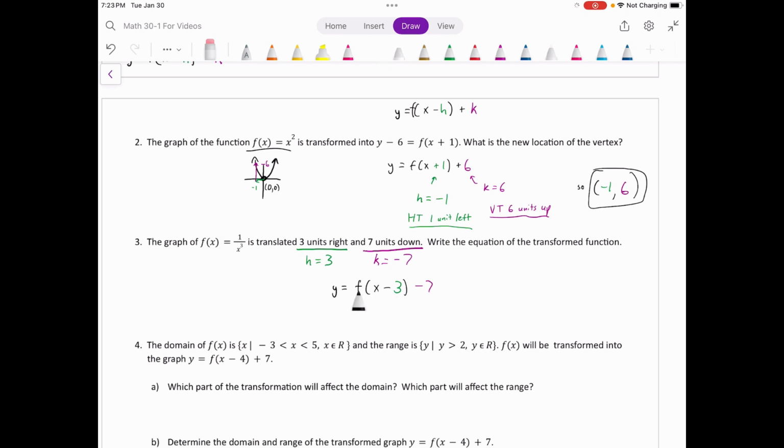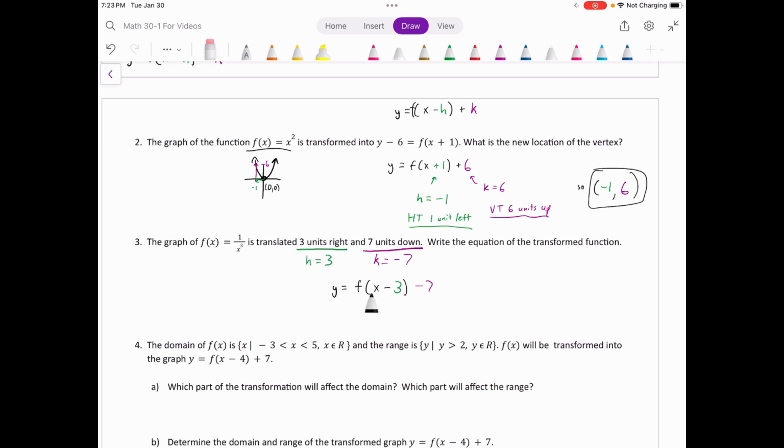It's saying to get the equation of the transformed graph, it looks a lot like y equals f of x, except instead of f of x, it's f of x minus 3. So wherever we see an x in the original equation, if we replace it with an x minus 3, we will have translated the graph 3 units to the right.